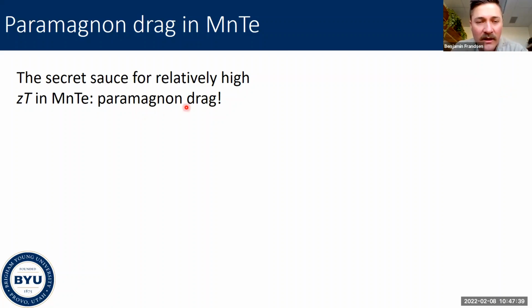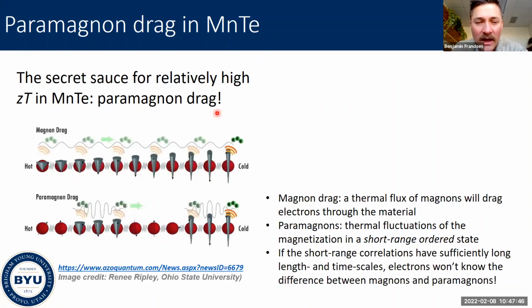Recently, it was shown that there is an interesting new phenomenon called paramagnon drag, where short-range magnetic correlations in manganese telluride interact with electrons in such a way that the electrons get essentially dragged across the material with a thermal flux of paramagnons, which are excitations of these short-range magnetic domains, if you will, above the ordering temperature in manganese telluride.